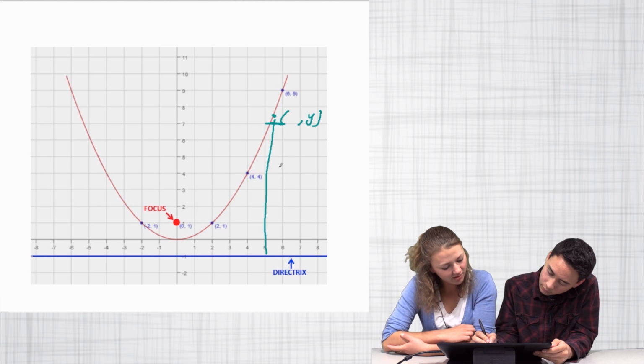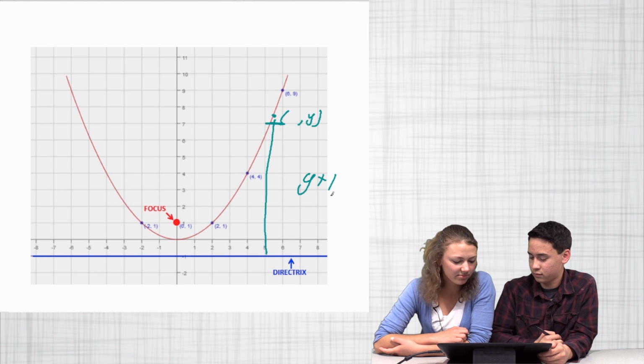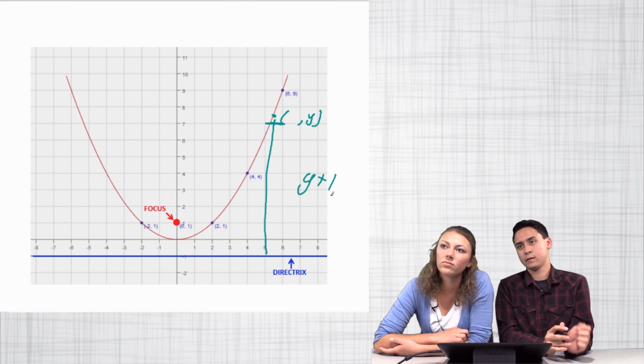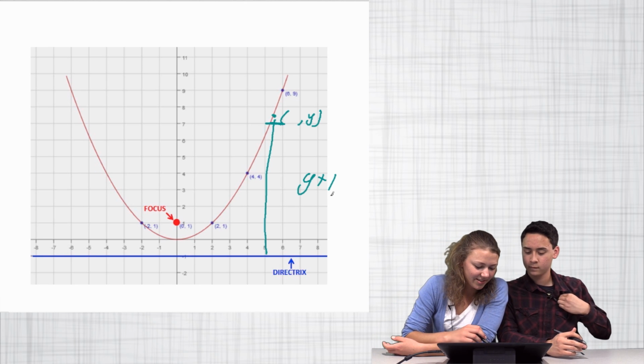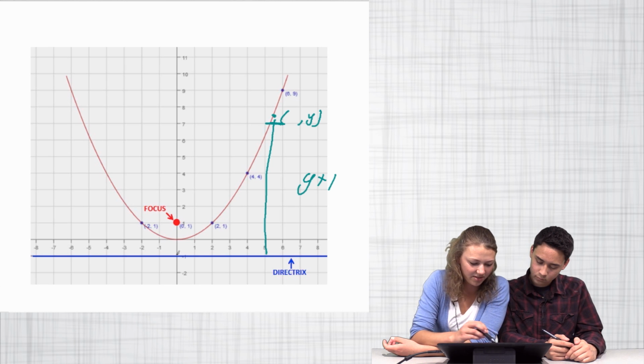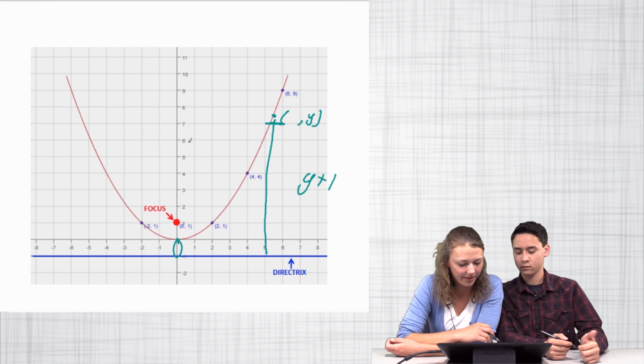And I'll see what Sasha thinks about that. Sasha, you agree? Why is that distance from the point to the directrix y plus 1? Because it's 1 under the 0, 0, so it's just going to be 1 more than... You can mark that. Yeah, okay. So in that one space, it'll add 1 to whatever y you're given.